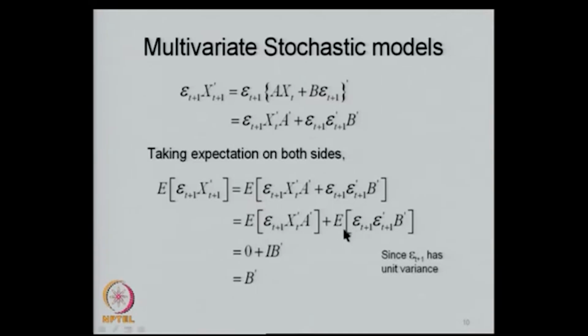Now, look at this term. This term has the expected value of epsilon t plus 1 epsilon t plus 1 dash and b dash. Now, b dash comes out.